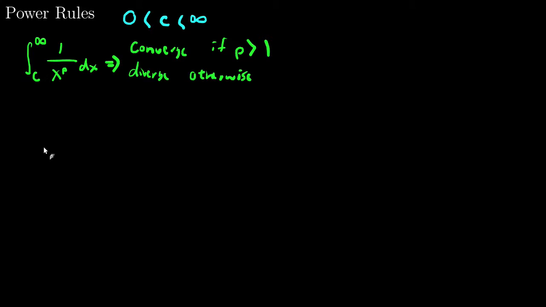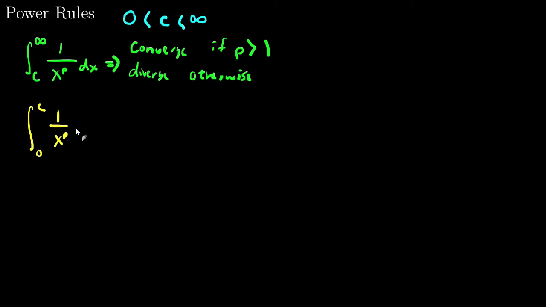The other case: if I'm taking the integral from 0 to c, there are two possible things to make this improper. Either the limit is infinity, or, as x approaches 0, a function of this type, 1 over x to the p, is going to approach positive infinity from the right.